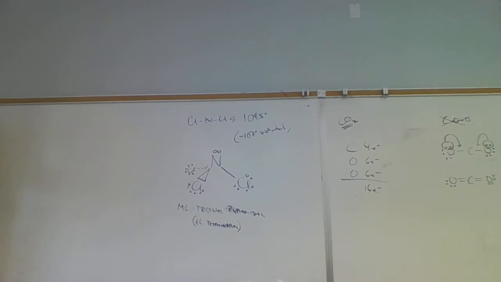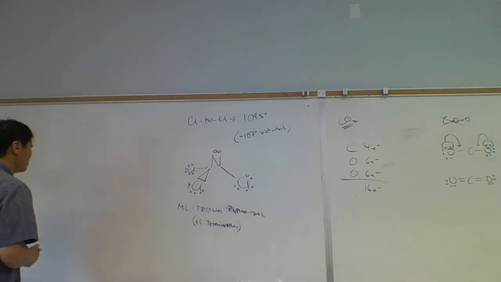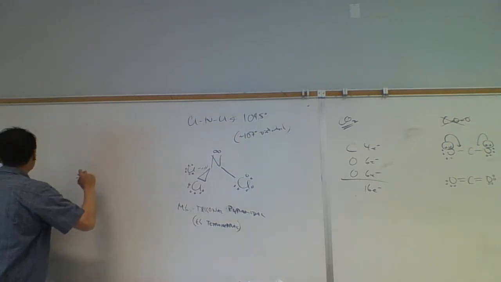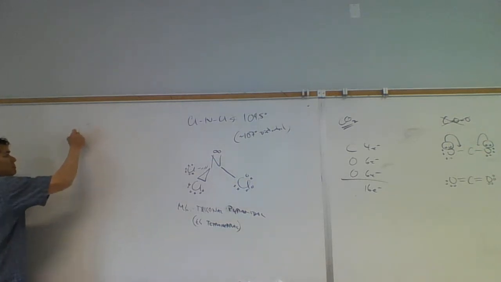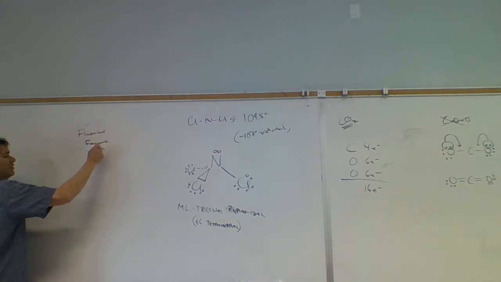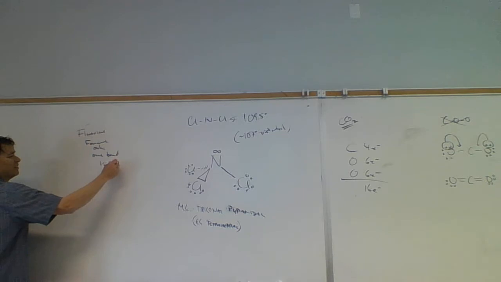Now, the example that this slide is going through is C2F4. With C2F4, we're dealing with fluorine. And one of the things with fluorine that I mentioned before is fluorine only forms single bonds. That's a rule. Fluorine forms only one bond, like hydrogen.